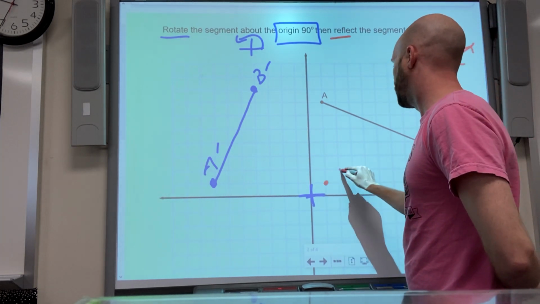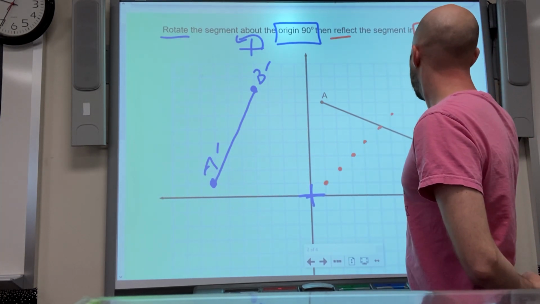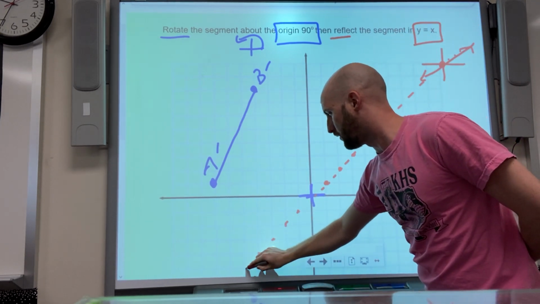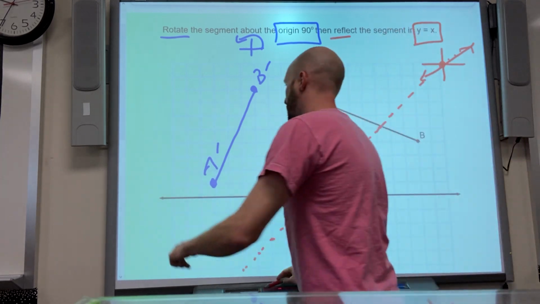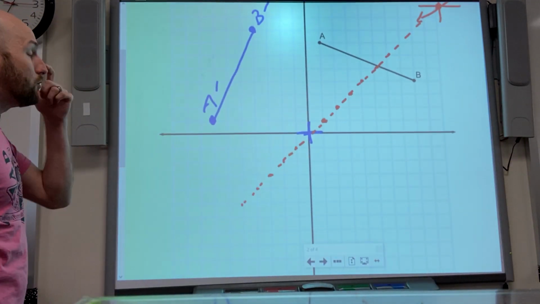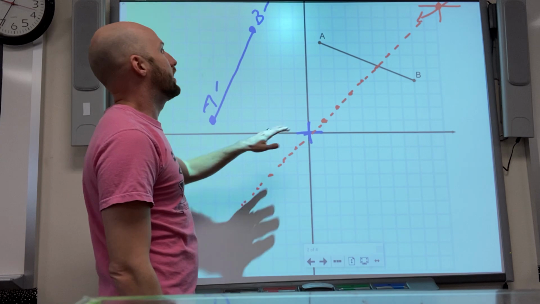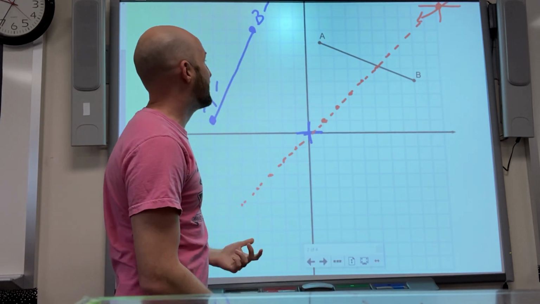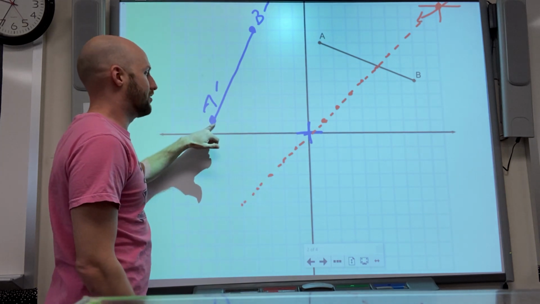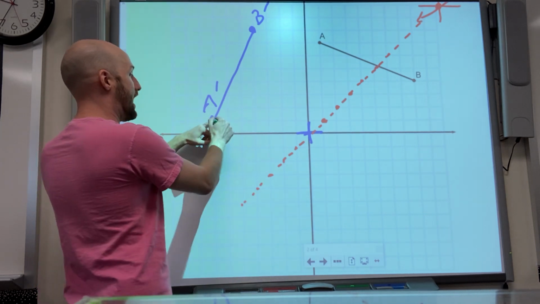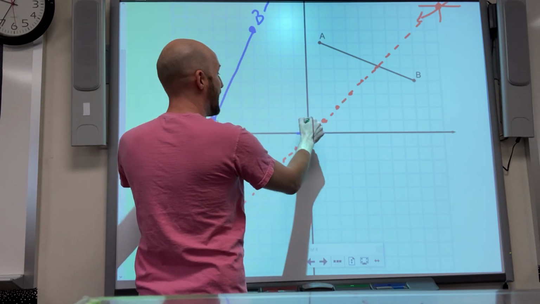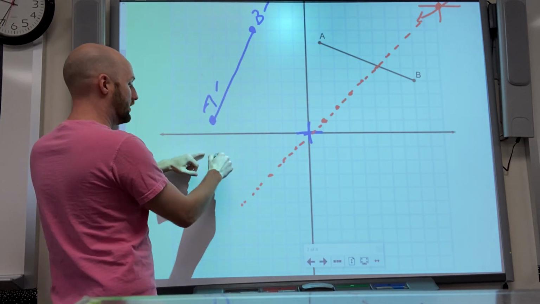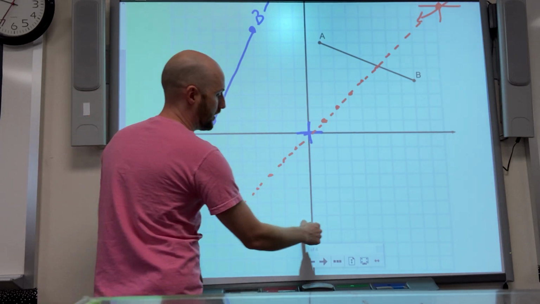So I'm going to carefully plot those 1 over 1 points to give me where this reflection line is at. If you want to use the rule, you can, find where that ordered pair is and use the rule for that. But the way you reflect over y equals x again is you just take a point, let's say point A. Your choice, either count how far over sideways it is and then count that distance up or down, or count the distance up or down and then count that distance horizontally.